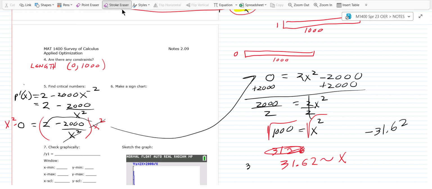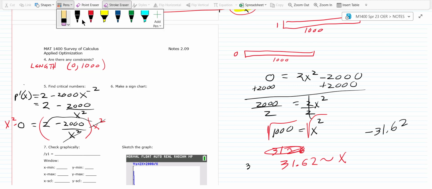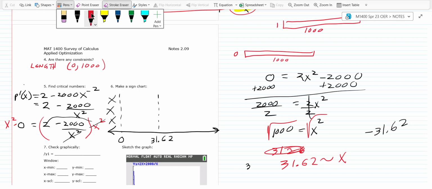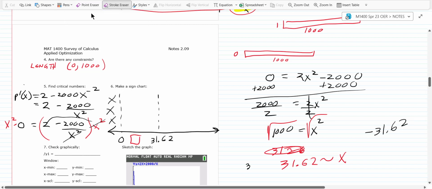Now what I'm going to do is make a sign chart. So we do this, and we've got 31.62. And we don't need to worry about anything below 0, of course, because this is sides of a rectangle. So again, sign chart: pick a number between 0 and 31.62, and where do you plug that in?